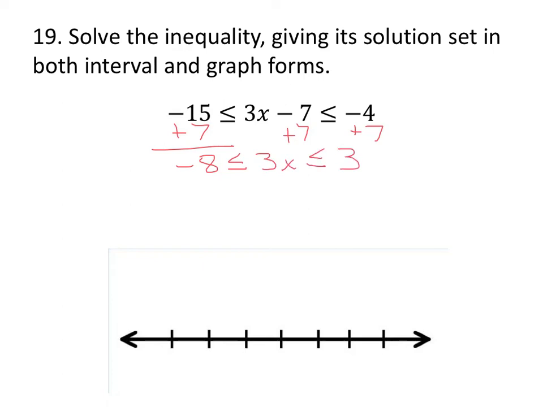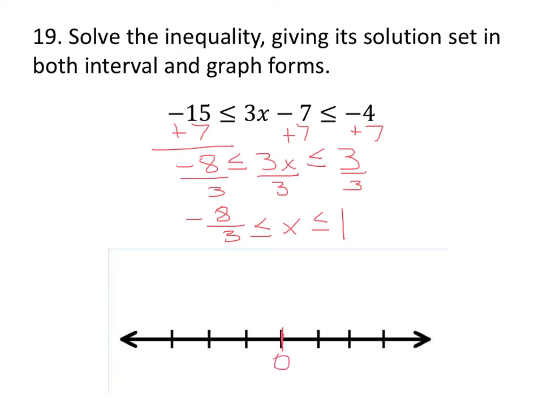And then we're going to divide all parts by 3, and we get negative 8/3 is less than or equal to x, which is less than or equal to 1. So from here we can go to our number line, and we'll call this 0.